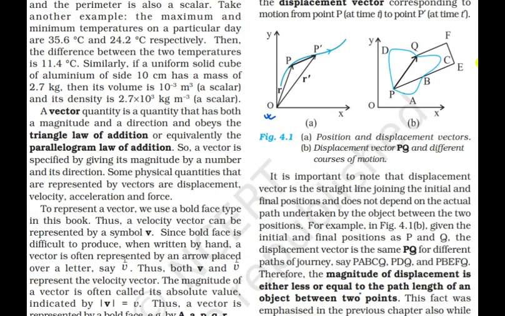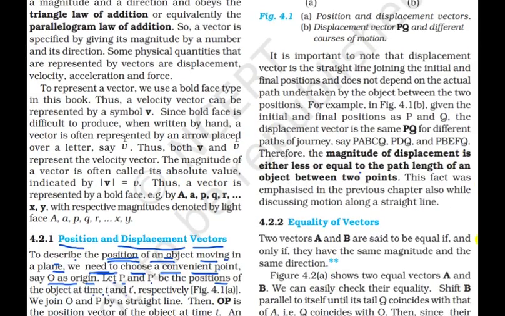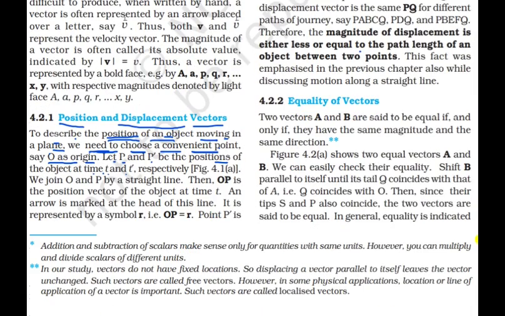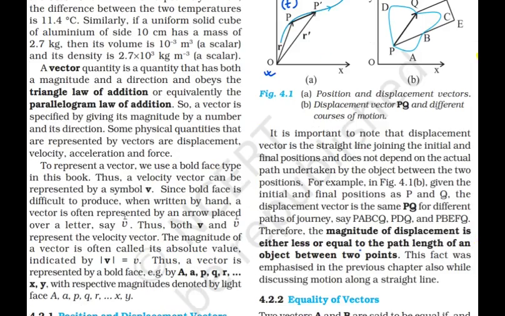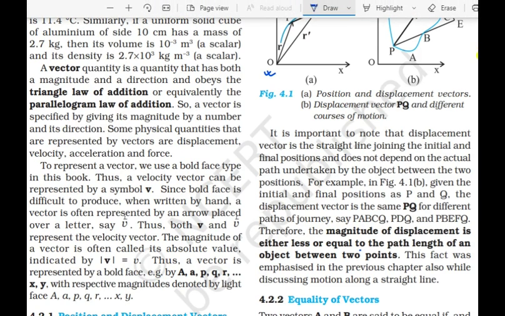O is the origin and P is the position when the time is t, and P dash is the position when the time is t dash. So how to find out the position? Then OP is the position vector.